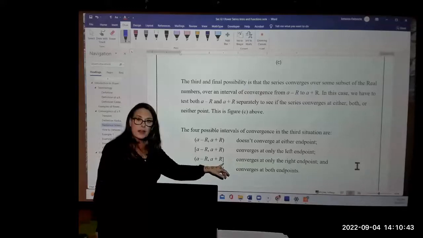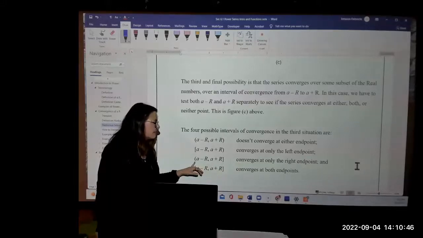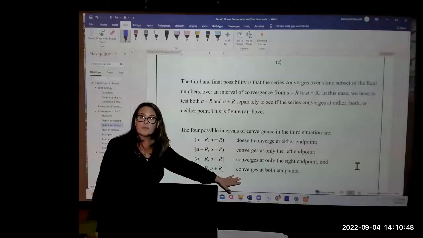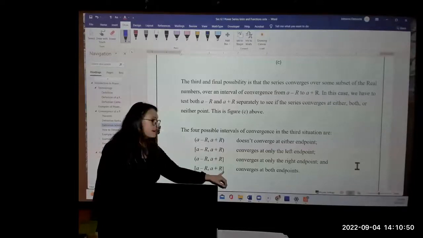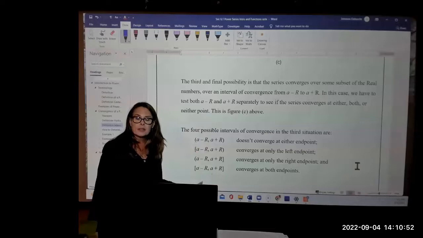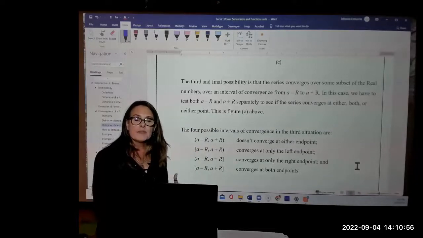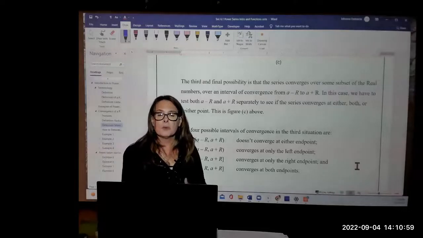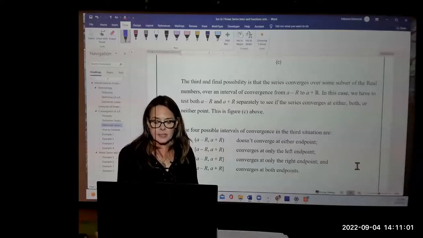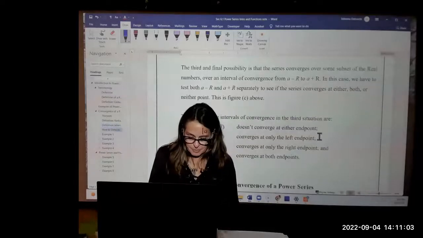So we'd have a square bracket on the right, but not on the left. And it can also converge at both endpoints. So we have square brackets at both. So we have 4 possibilities in that third situation when we have an interval of convergence between A minus R and A plus R.